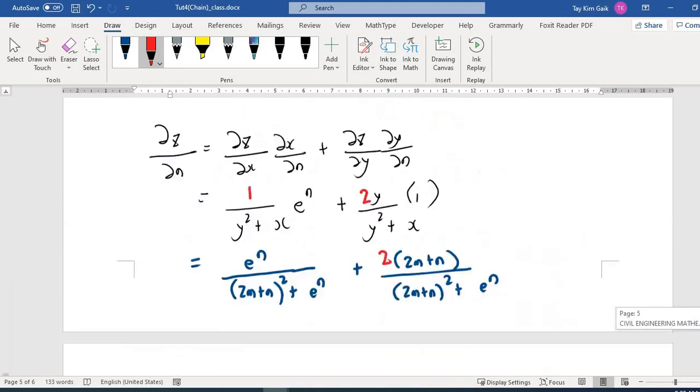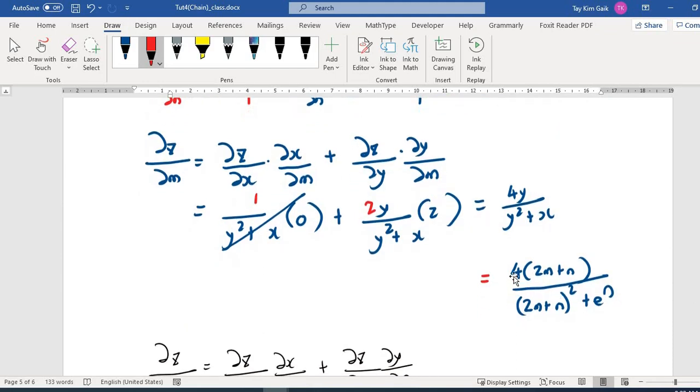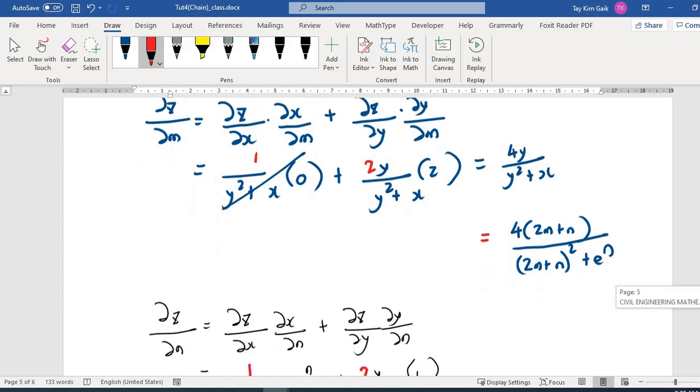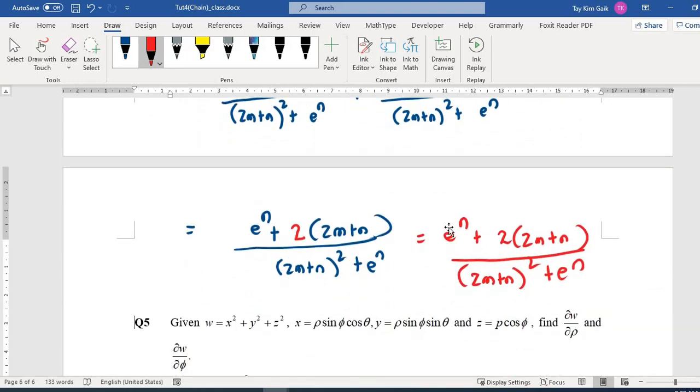I repeat again: del z del m, the answer is 4 times 2m plus n divided by 2m plus n squared plus e to the n. Then del z del n is e to the n plus 2 times 2m plus n divided by 2m plus n squared plus e to the n.